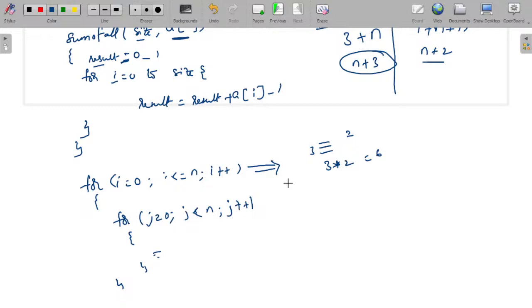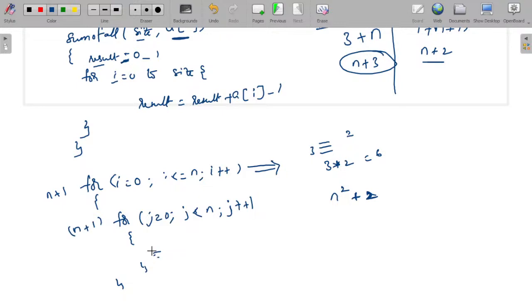So this can be represented in time complexity as n square, or n square plus 2. Which is nothing but n plus 1 times for this, and n plus 1 times n for this, and n plus 1 into 1 plus 1 will become n square plus 2 or whatever it is. This is how you represent time complexity for a nested loop.